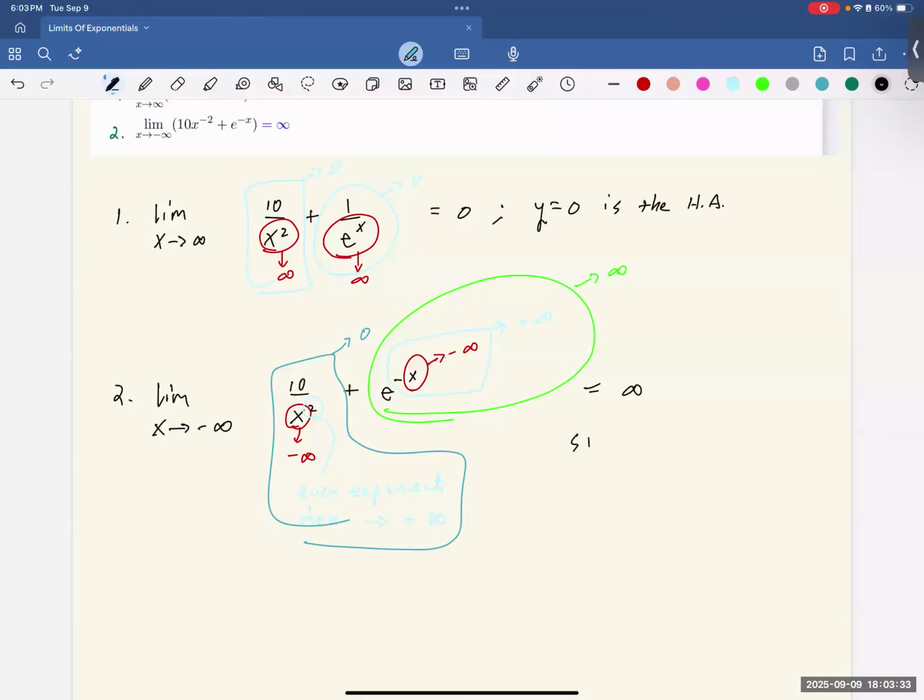Since the limit as x went to negative infinity, 10 over x squared plus e to the negative x, was infinite, not a value, there's no horizontal asymptote as x approaches negative infinity. All right, hope that's helpful.